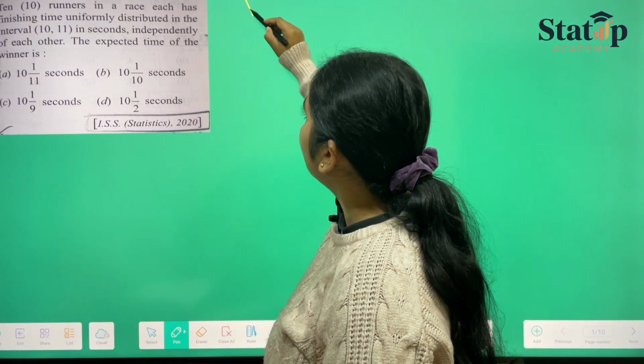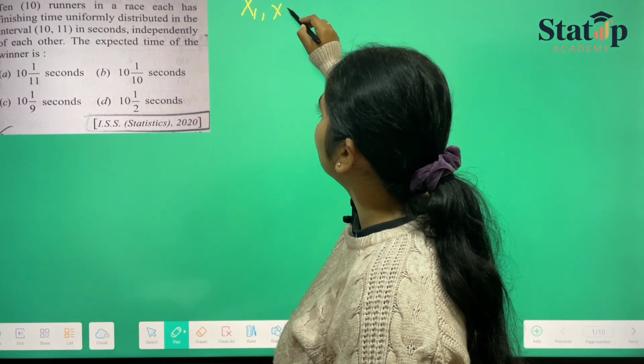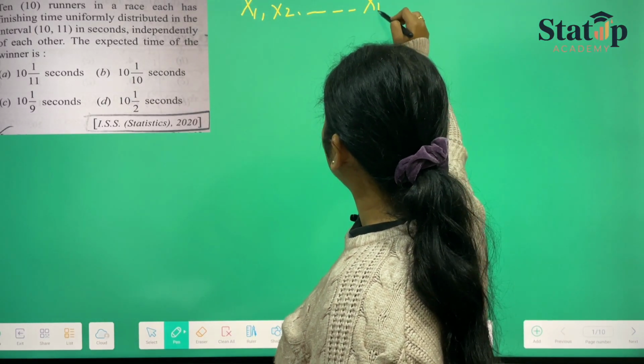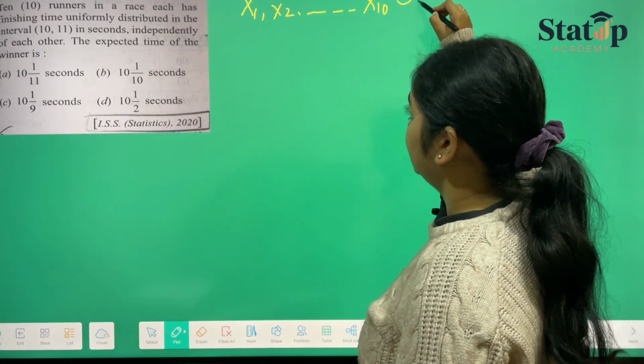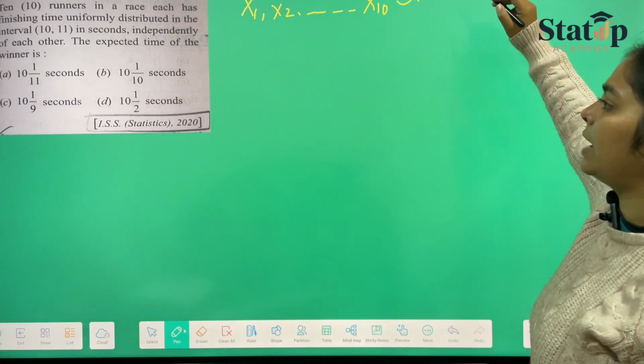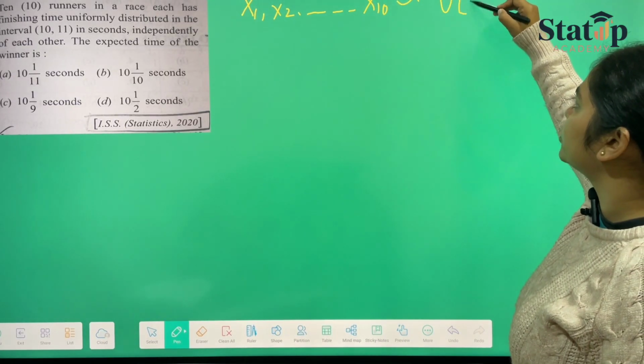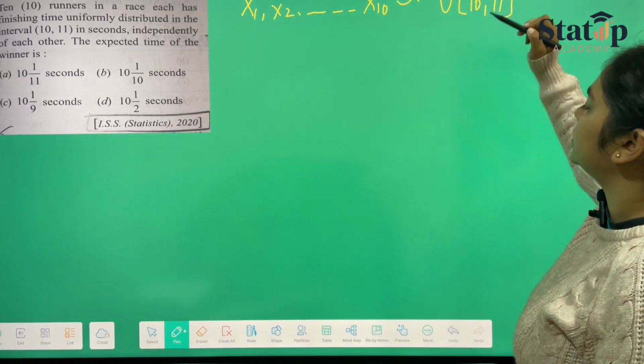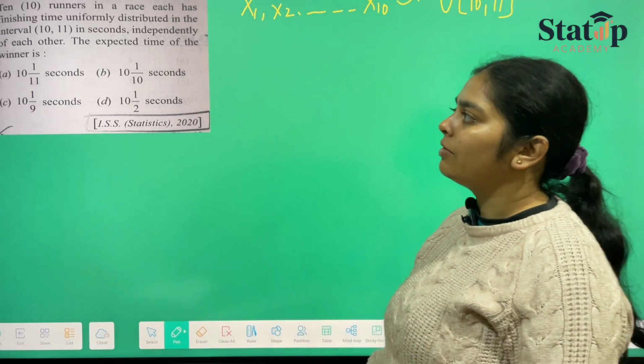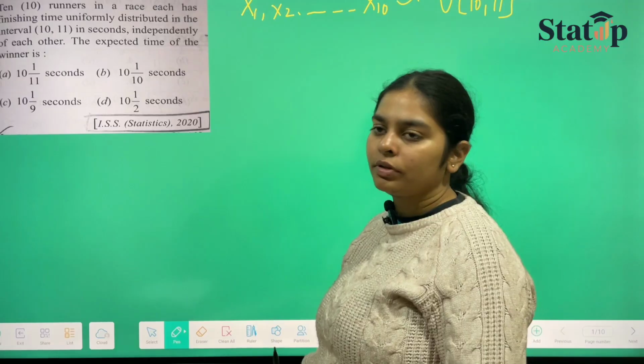So suppose there are x1, x2 up to x10 runners, and all of them reach the ending line following uniform distribution 10 and 11. This they have given, and they have asked us the expected time of the winner.